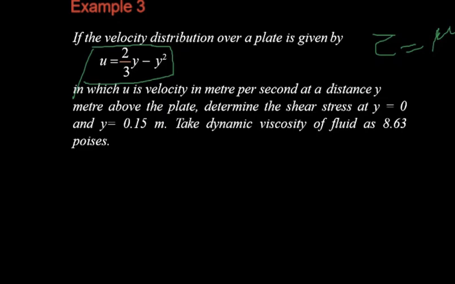Because it is going to be differentiated, we have to differentiate this u, that is du by dy. What will it be? Differentiation of 2 by 3y will be 2 by 3, minus differentiation of y square, which is 2y, right?